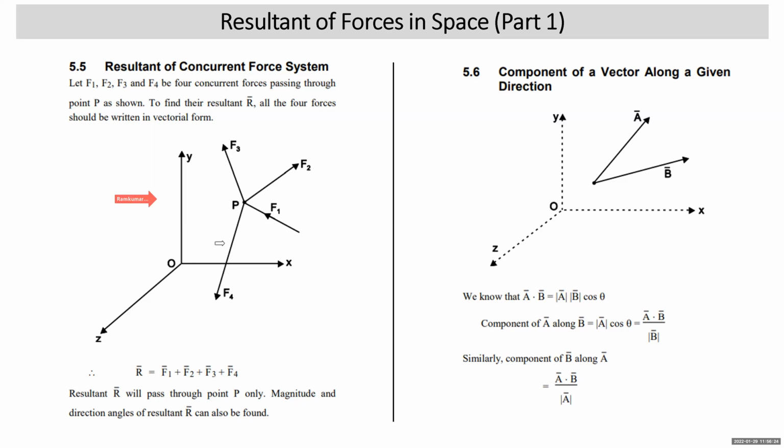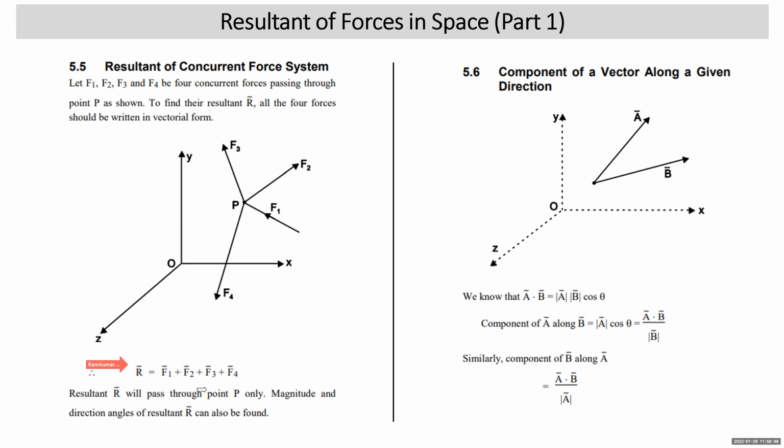To find the resultant of space concurrent force system, you need to write each and every force in vectorial form. After you have written each and every force in vectorial form, you have to simply add them up in vectorial form. So you will get the resultant in vectorial form. Resultant of the concurrent force system will be obtained by adding them in vectorial form. So F1 bar plus F2 bar plus F3 bar plus F4 bar.